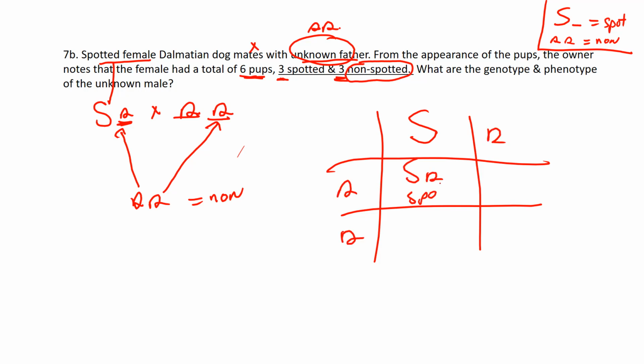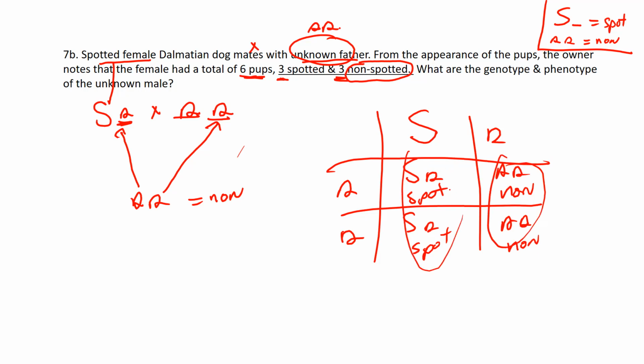So they're spotted, non-spotted, non-spotted. So you do end up getting a 50-50. Half of them are going to be spotted, half of them are going to be non. Okay? Any problems, give me an email and we can go over it. Thanks, guys.